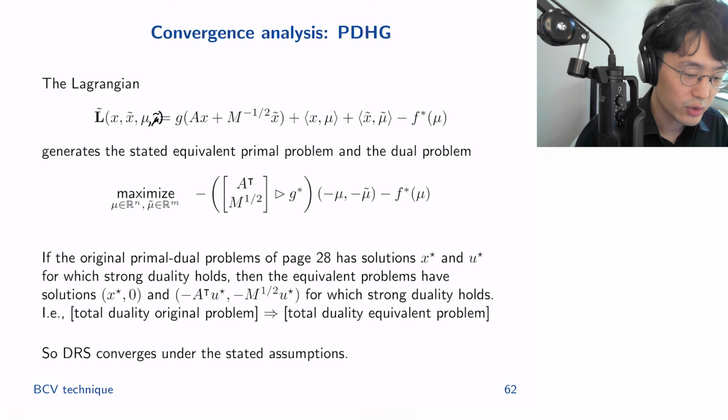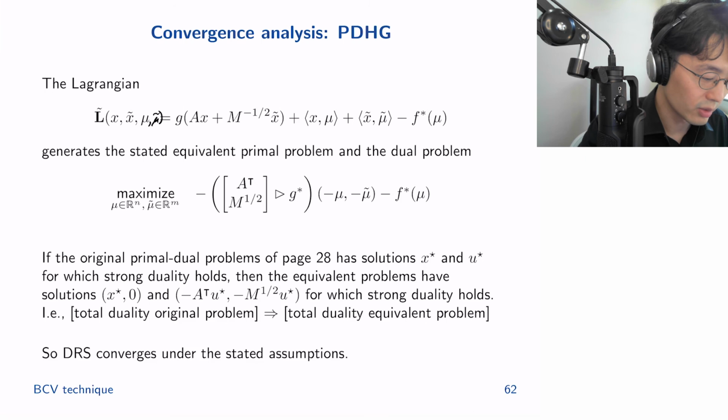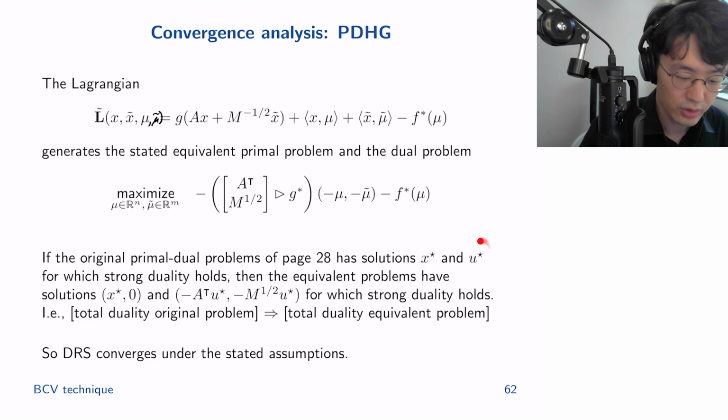It is relatively straightforward to check that the original primal problem with solution x star and the equivalent primal problem with solution x star comma 0 have the same primal optimal values. And the original dual problem with solution u star and this equivalent dual problem with this dual solution have the same dual optimal value.